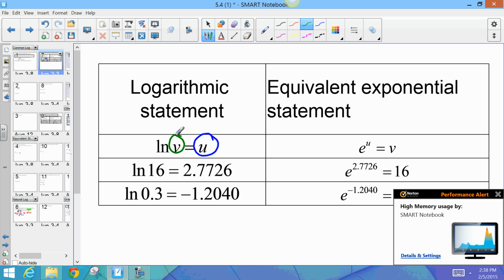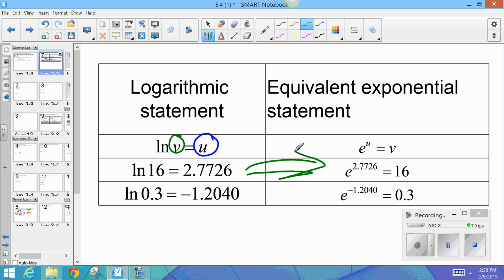So natural log of 16 equals 2.7726 is the same as saying e to the power of 2.7726 equals 16. We're going to write down all of the examples, so make sure that you're analyzing how the equivalent statements work.